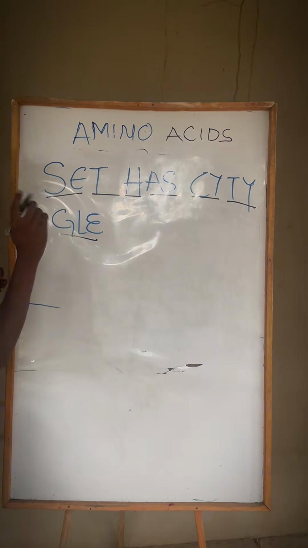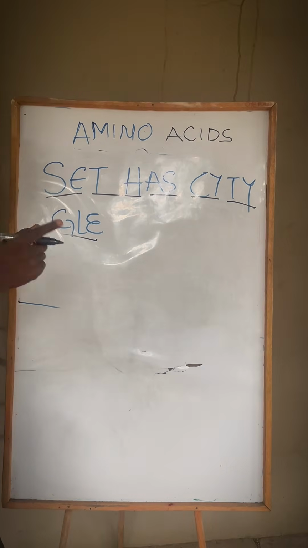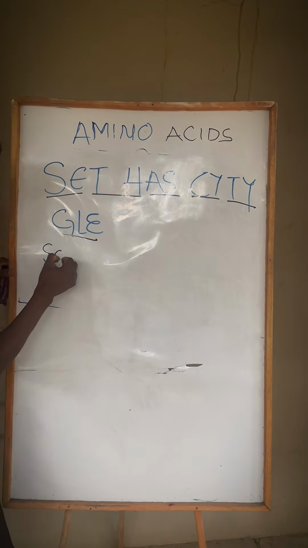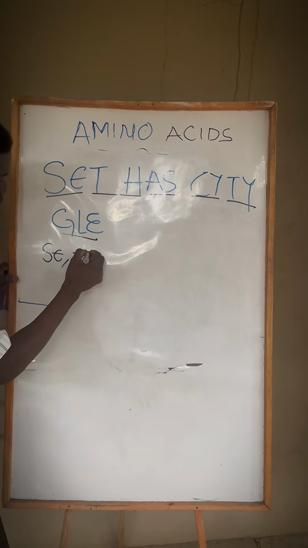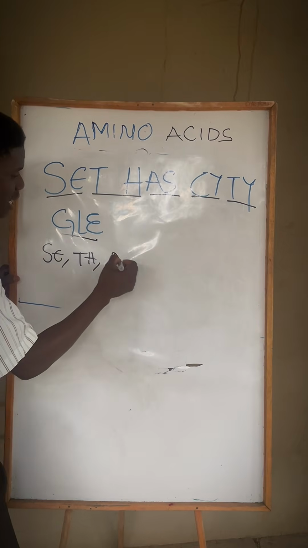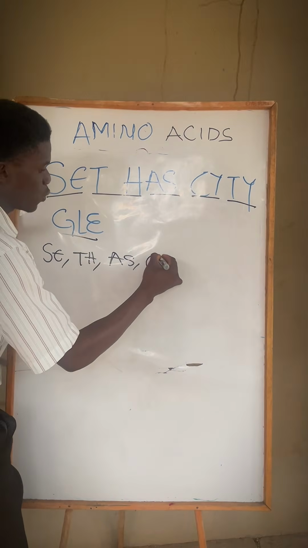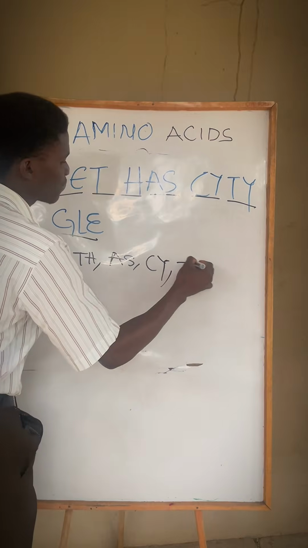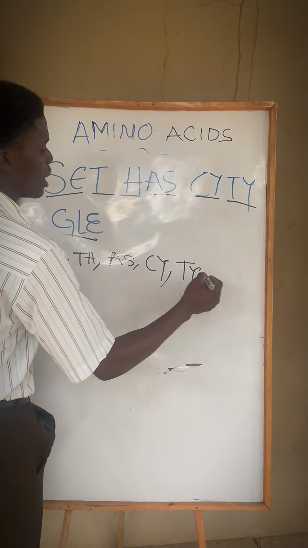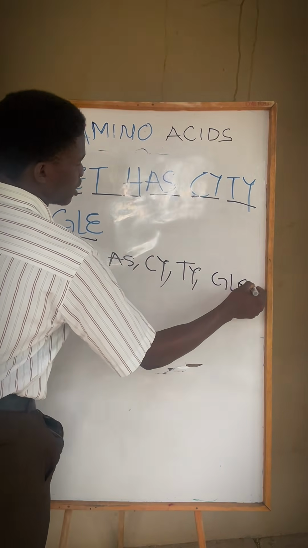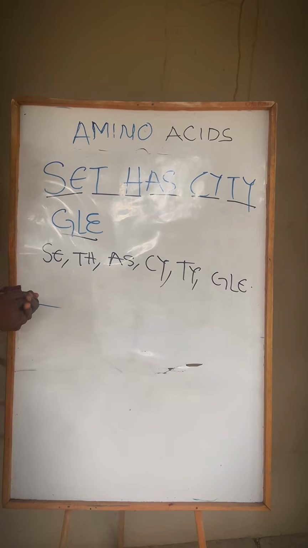It means that for the polar amino acids that do not have a charge, we have SE, TH, AS, CY, TY, GLE. Now look at this.